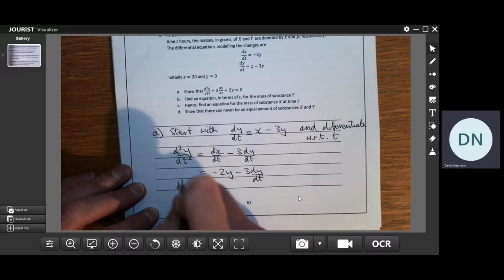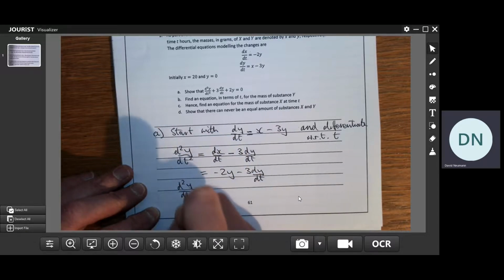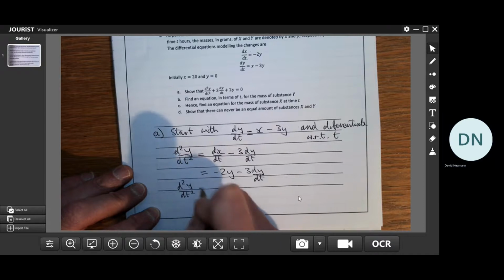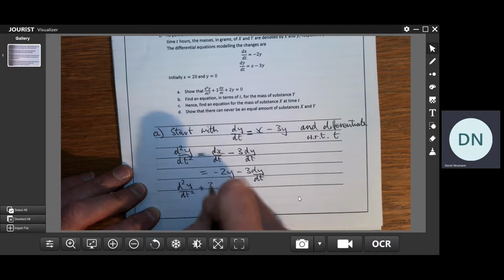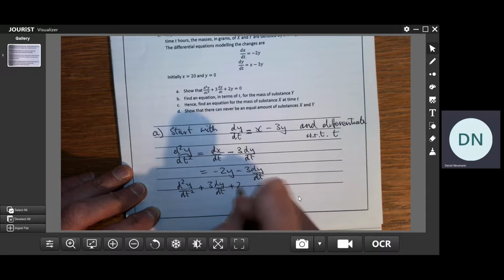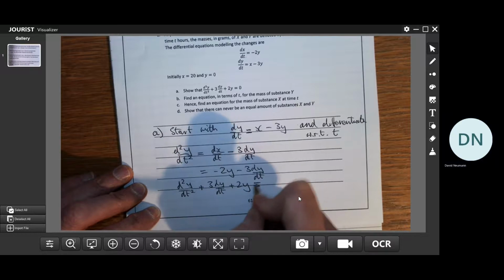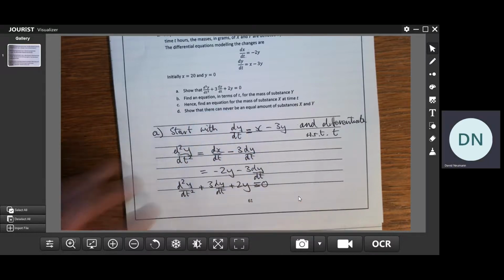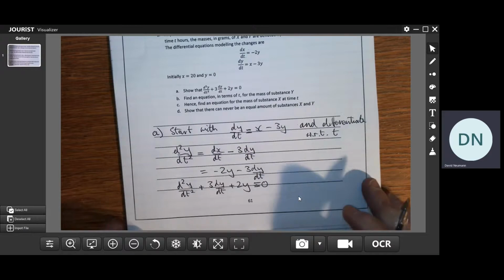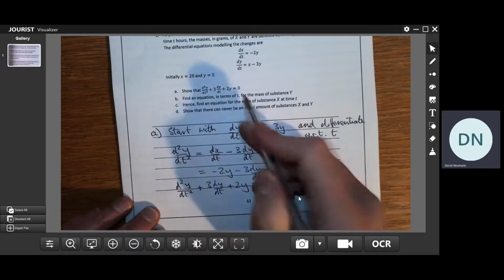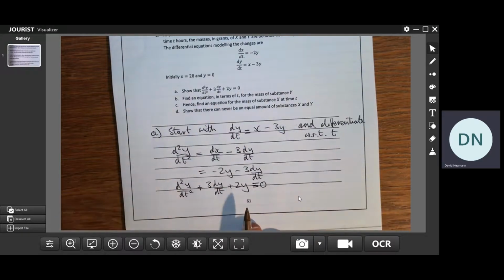So we get d2y by dt squared plus 3 dy by dt plus 2y is equal to 0. So that's part A done.